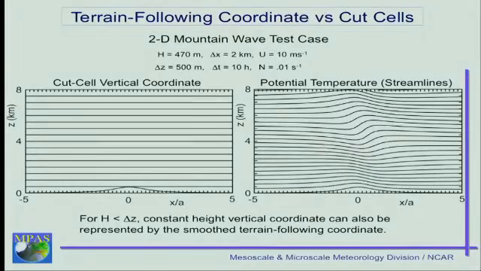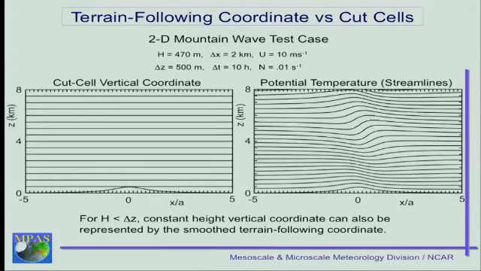Okay, so as long as the mountain height's below the amplitude of the first grid level, I can smooth this thing. I can use my smoothed or hybrid coordinates to have exactly the same coordinate surfaces as the cut cell. And so I was looking at what that means just for a simple mountain wave simulation.